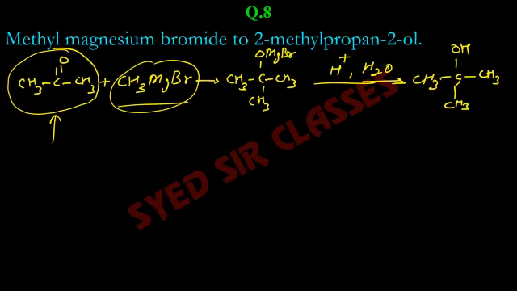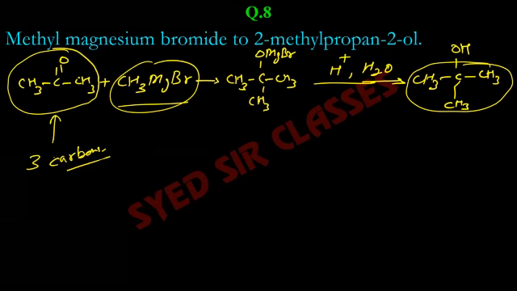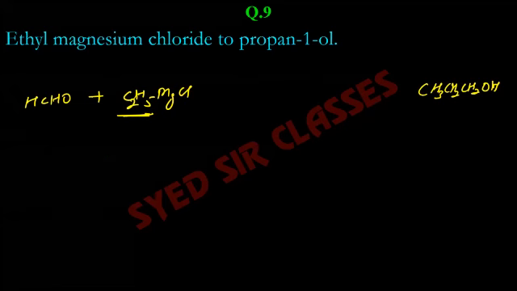In the previous one we reacted a ketone, because we required 4 carbons and got 3 carbons from propanone, acetone. Here we have been given ethyl magnesium chloride, 2 carbons are already there. We need 3 carbons, so only 1 carbon is required. So we used an aldehyde, not a ketone. We write HCHO.